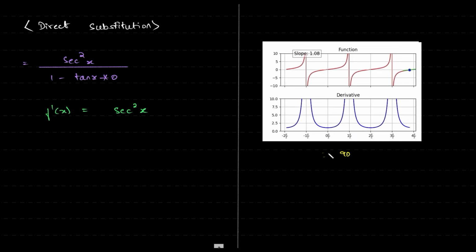Yeah. So we have this to be 0, this to be 90, 180, 270 and 360. So what kind of graph at 0 becomes 1, at 90 goes till infinity, and at 180 again becomes 1, so on and so forth.